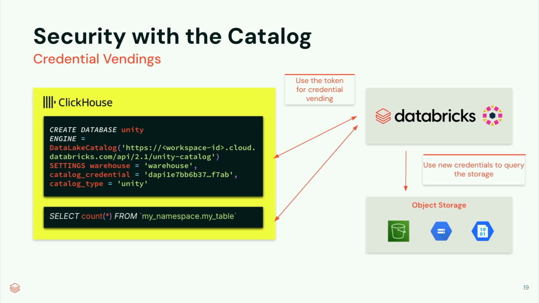So your user says, I want to read this table. Unity catalog checks the permission of the user and says, okay, you can read this table, and I'm going to generate a token for you, so you can use this token to read only specific files in your object store. It makes it secure, and it makes sure that an external query engine only has access to the data that it has a right to access.